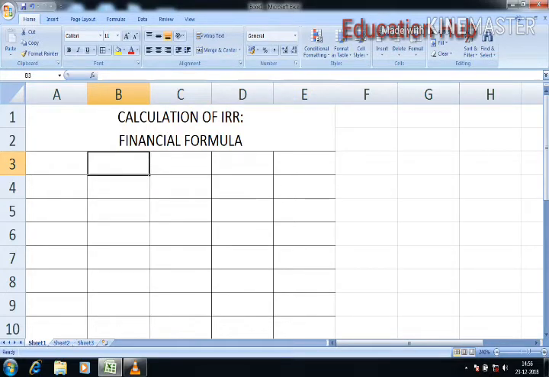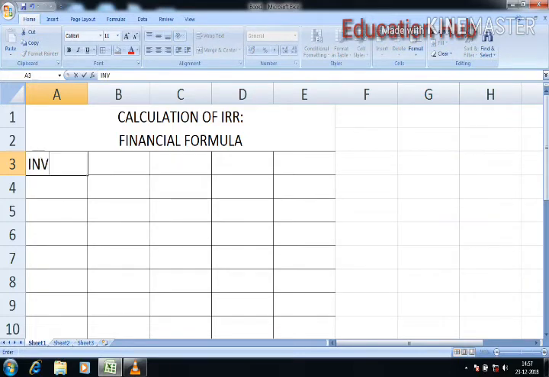Now for the IRR calculation, what do I need? Where IRR calculation is applicable is when there is some outflow, and against that outflow we are getting some inflow. Then the ratio of inflow and outflow is termed as IRR.